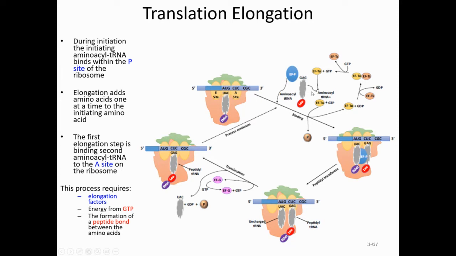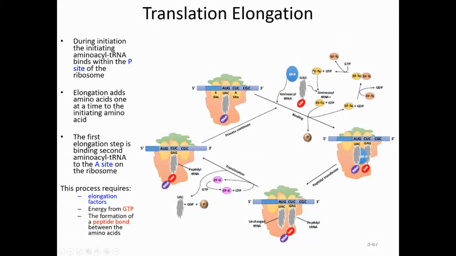We need GTP and 3 elongation factors: EF-P, EF-Tu, and EF-Ts. These 3 elongation factors are required.